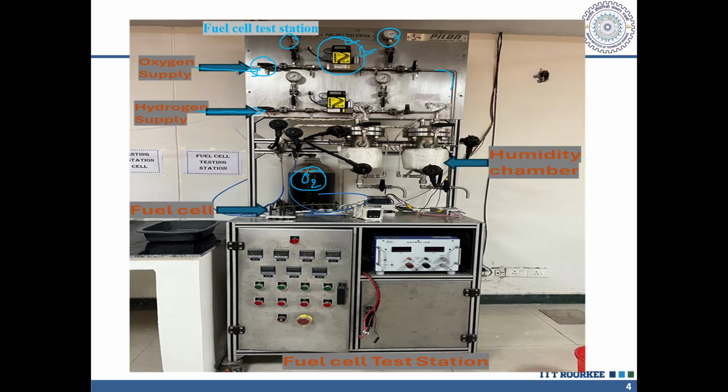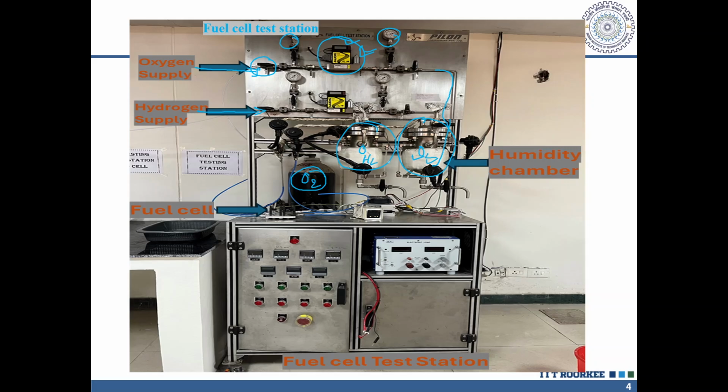Then the oxygen will come to this humidity chamber. The humidity chamber is filled with water, and the white part is the heater. The same is true for the hydrogen. Suppose this is oxygen and this is hydrogen.